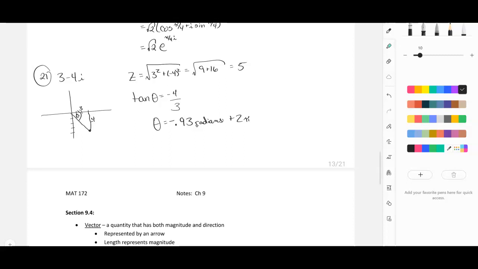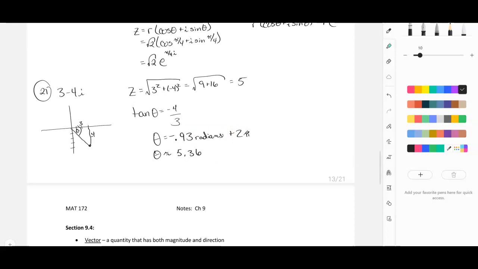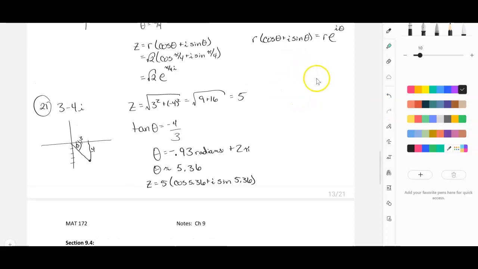I'm doing that in my calculator off to the side, and I get theta to be about 5.36. So my z value is equal to r times cosine of theta plus i sine of theta. If I want to write this in exponential form, it's going to be equal to r e to the i theta. Theta is 5.36 radians, so there's my exponential form.